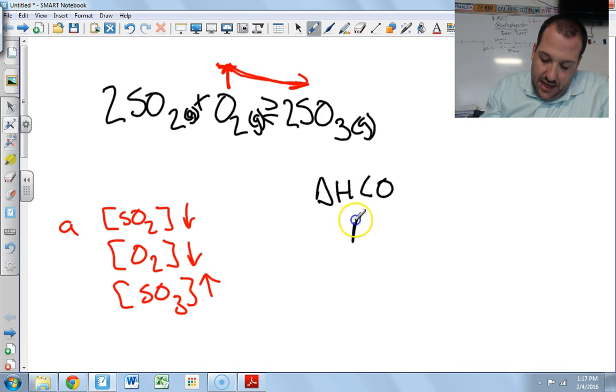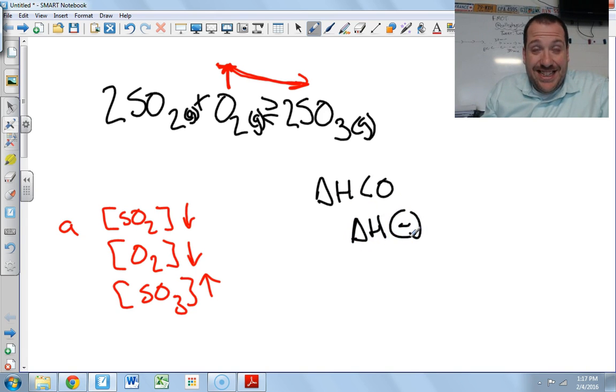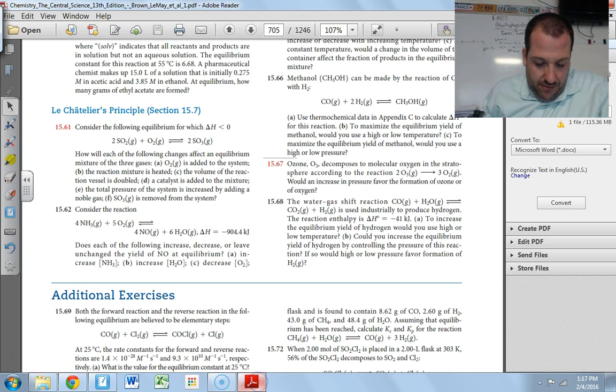That means delta H is negative, which means it's exothermic, it's giving off heat. So that means heat is on the product side of the equation. Let me just double check. Okay, it says that the mixture is heated.